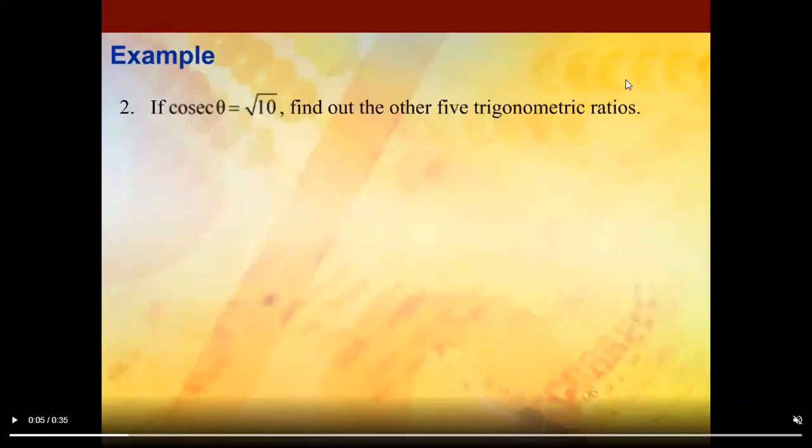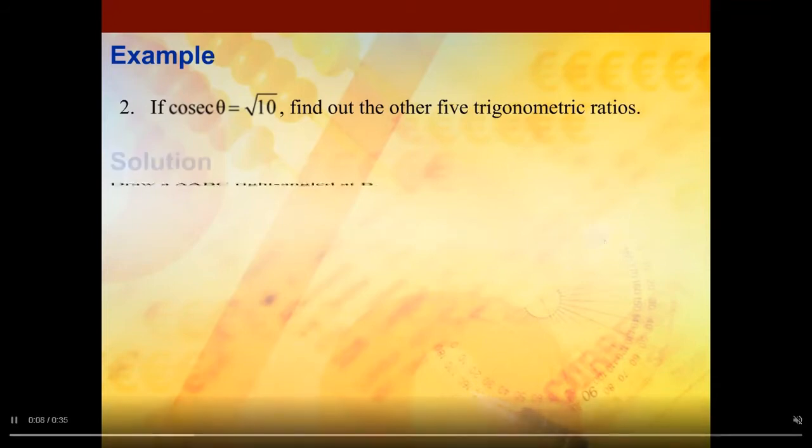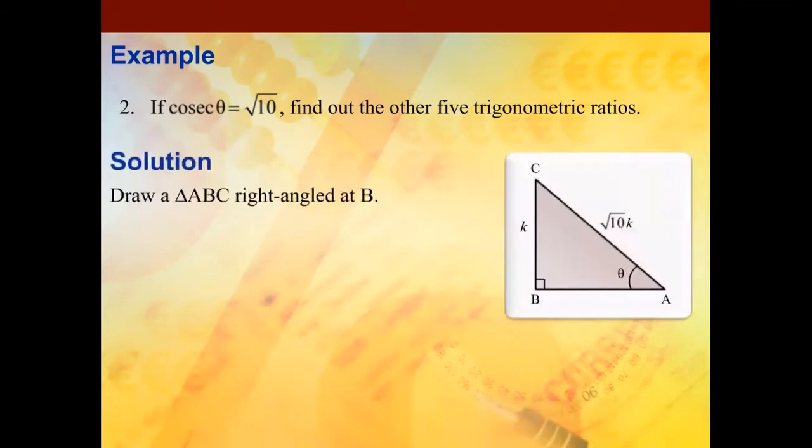Let us take the second example. If cosecant theta is equal to root 10, find out the other 5 trigonometric ratios. So children, what is the ratio of cosecant theta? Cosecant theta deals with hypotenuse upon opposite side.